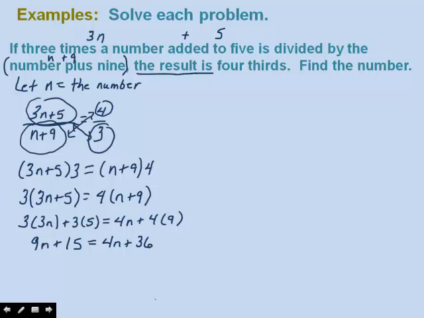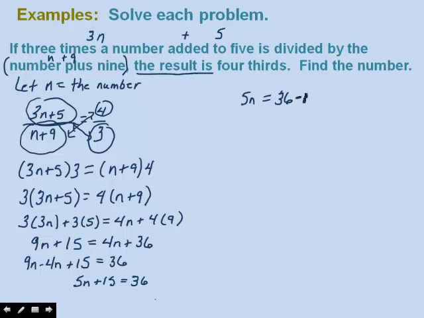Now let's subtract 4n from both sides. That leaves us on the right side with just 36. If we combine our terms on the left side, we have 5n plus 15 is equal to 36. Now we can subtract 15 from both sides. Let's continue this up here.